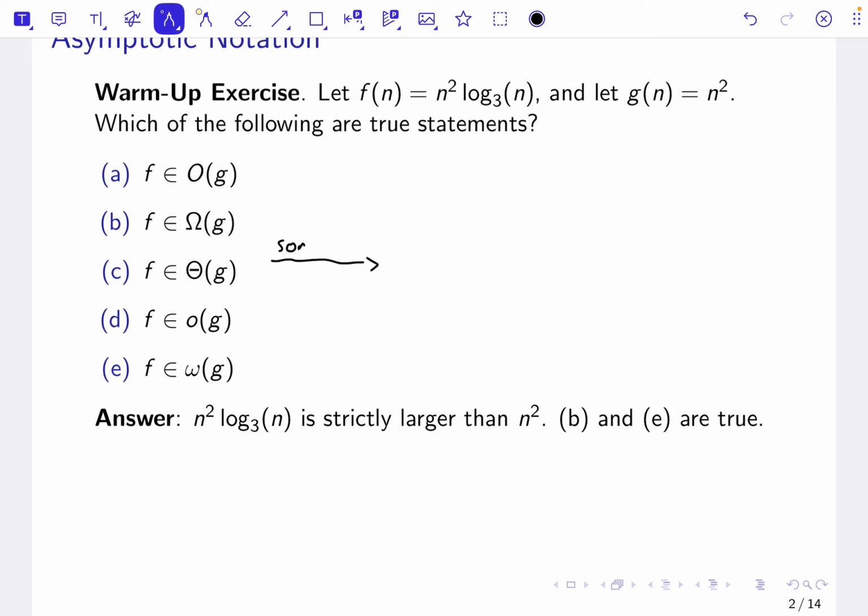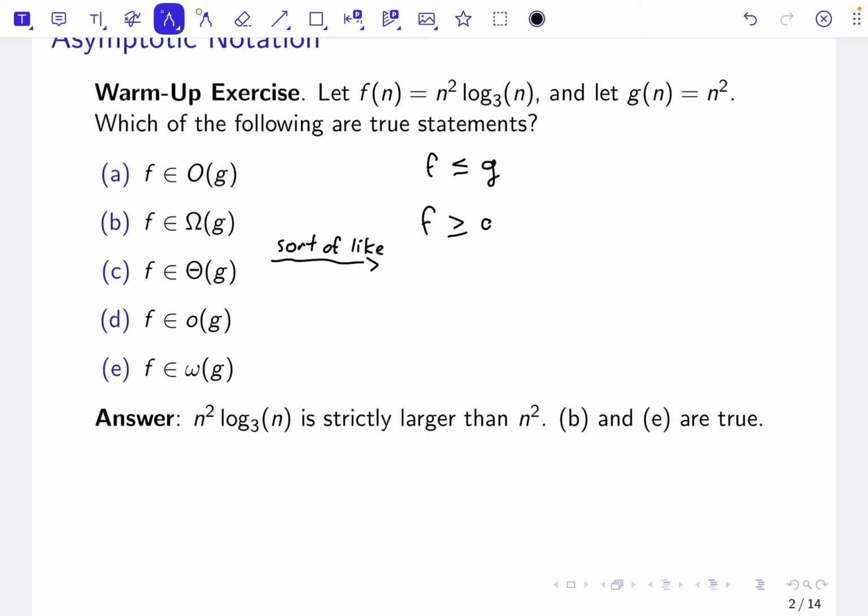And I'm going to write out what each of these symbols is like in terms of numbers. If f is in big O of g, it's as if f is less than or equal to g.